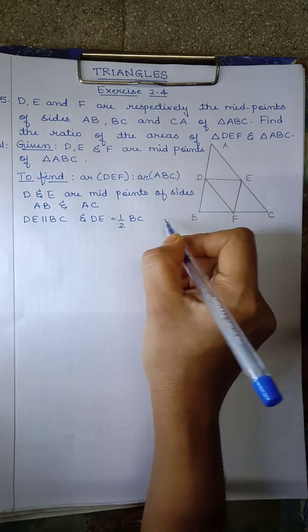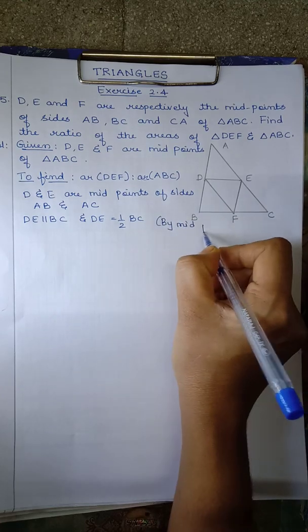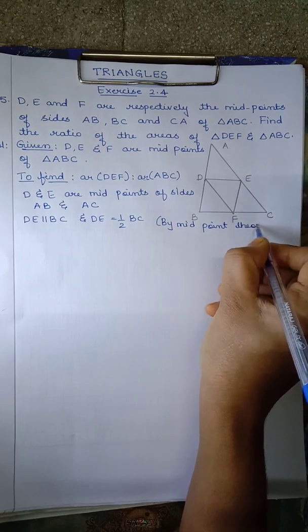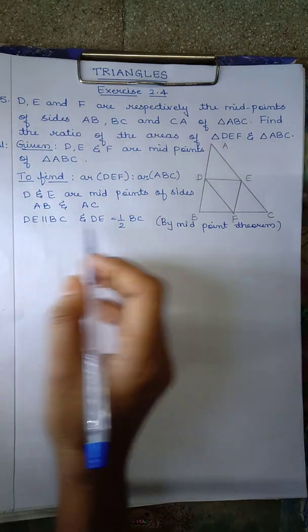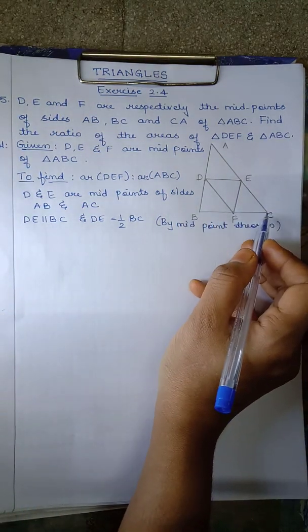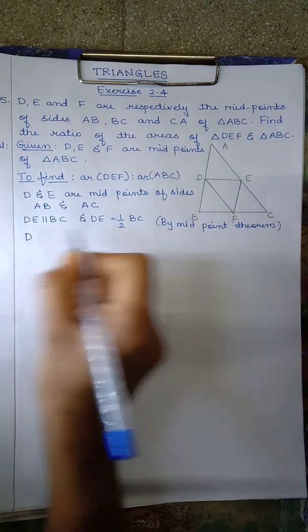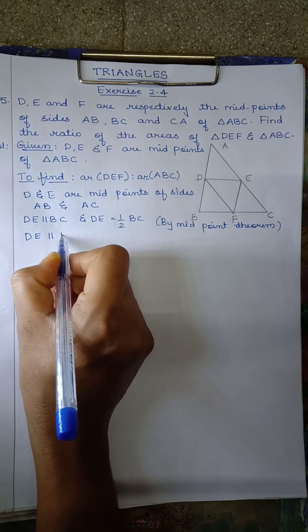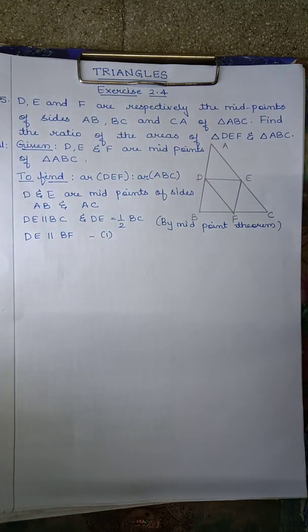This is by the midpoint theorem; you have to write the reason, midpoint theorem. Now DE is parallel to the whole line BC, which means DE is also parallel to BF. Let's keep this as equation 1.